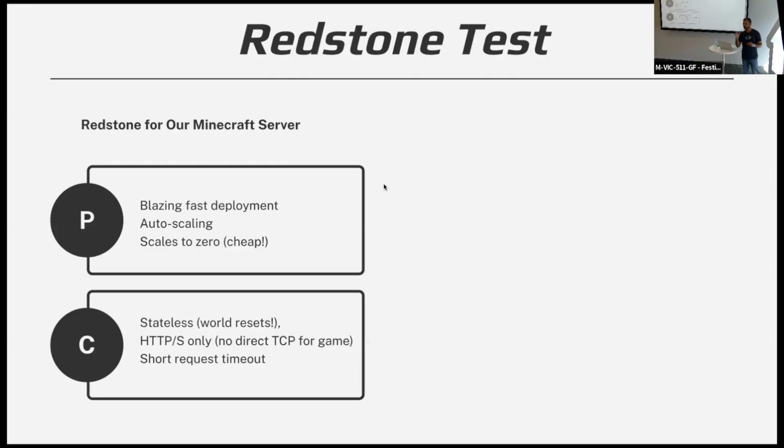However, if I look at my requirements that we discussed initially, one of my requirements was around statefulness. Cloud Run, in itself, is a stateless service. What do I mean by stateless?